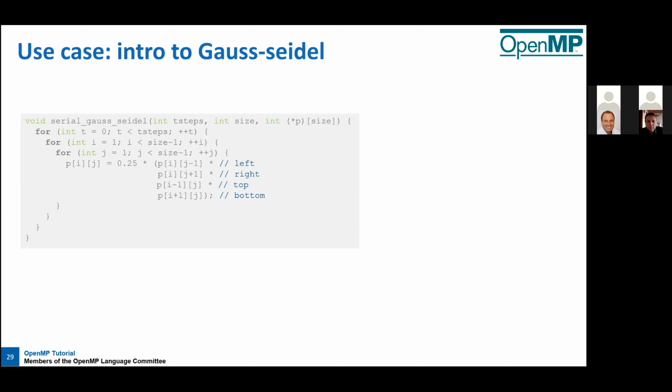Let's parallelize Gauss-Seidel iterations. The idea here is that for a number of time steps, you iterate across a two-dimensional grid over I and J, and we apply this 5-point stencil that takes the north, south, east and west neighbors and averages those to produce the cell in the middle of this stencil.